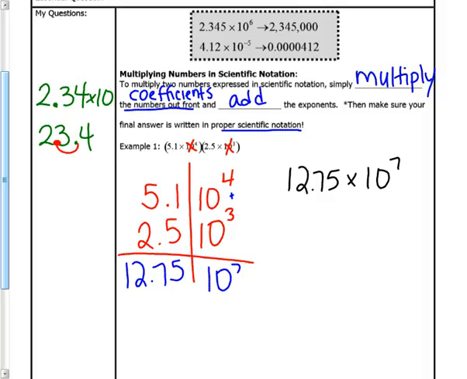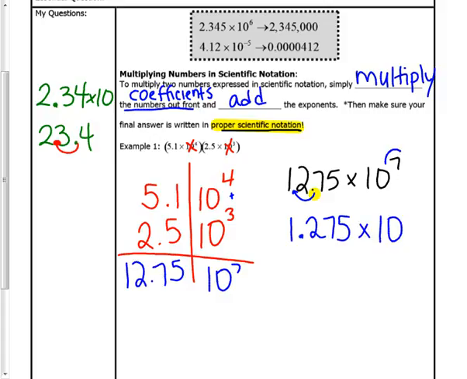But remember, I said we have to make sure that it is in proper scientific notation. Do you see here how this decimal is not between the first two numbers? I need it to be between the 1 and the 2. So it needs to be 1.275 times 10 to some power.